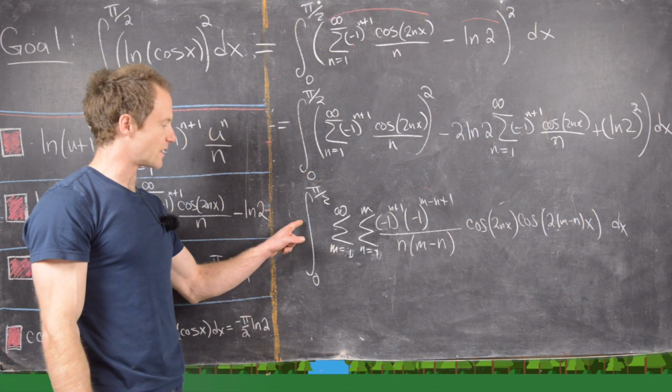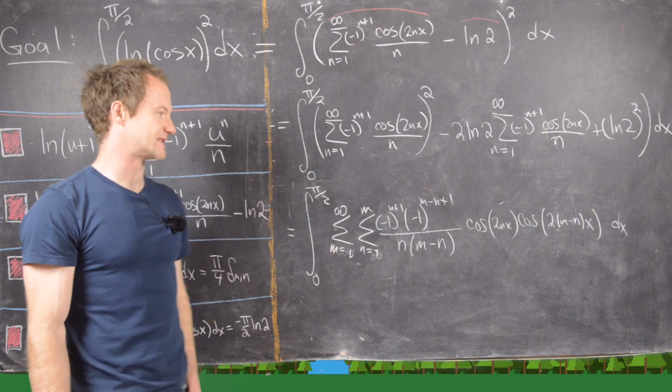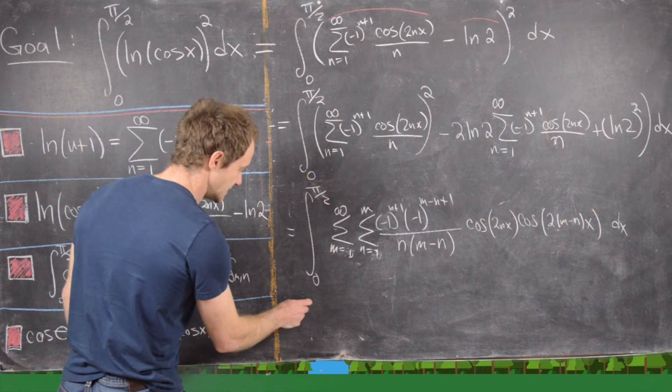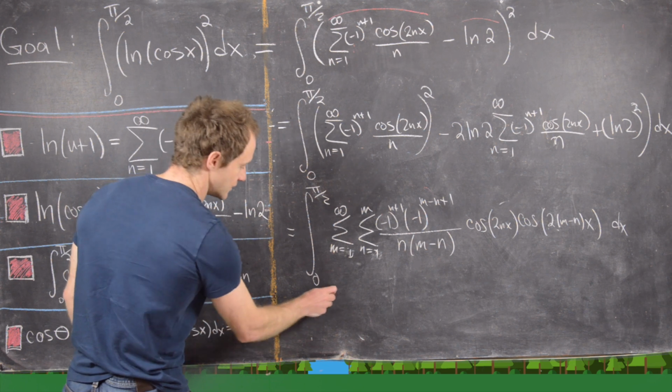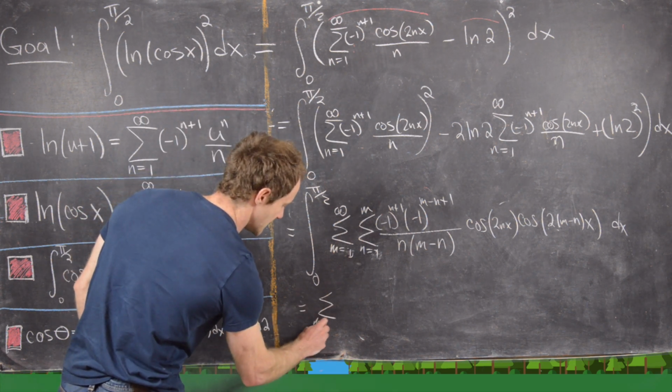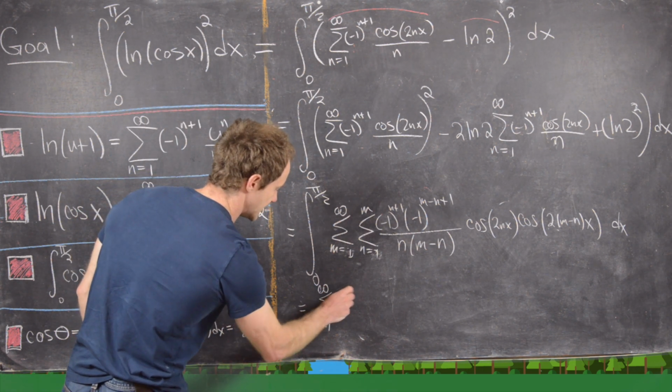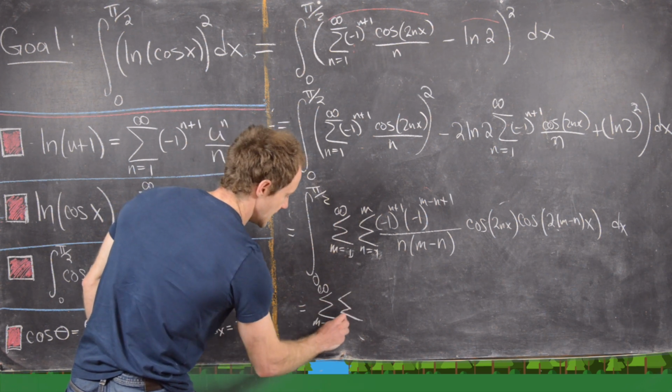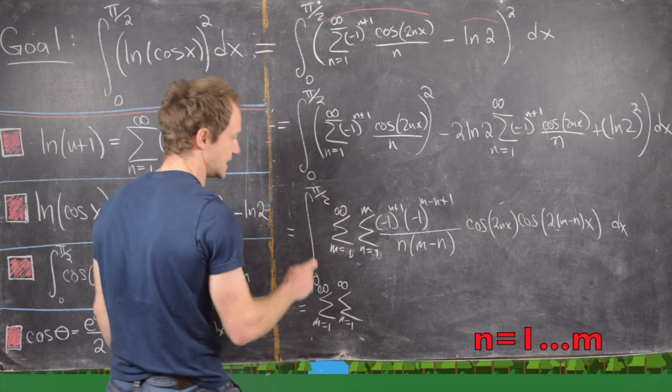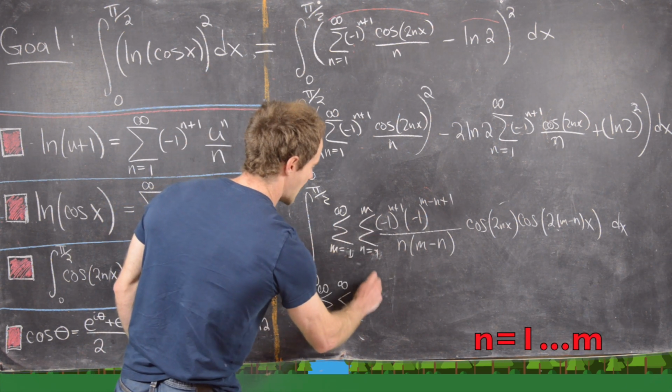Okay, so now we're going to move this integral inside of the sum and do some simplification. So notice this is going to give us the sum m equals 1 to infinity, the sum n equals 1 to m, and now we're going to have minus 1.